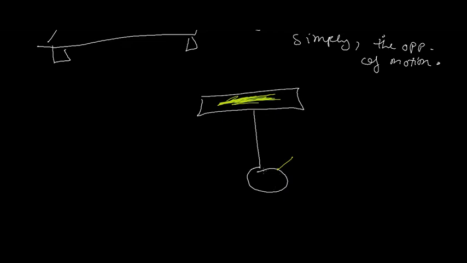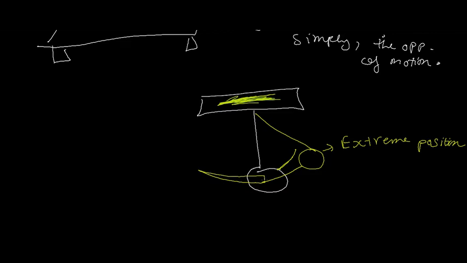Now, I would be telling some basic definitions of a pendulum. If I hold the pendulum and drag it to here, this would be called its extreme position. When I release it, it will go from here and then to here and then back to here. Well, let's do some labeling.